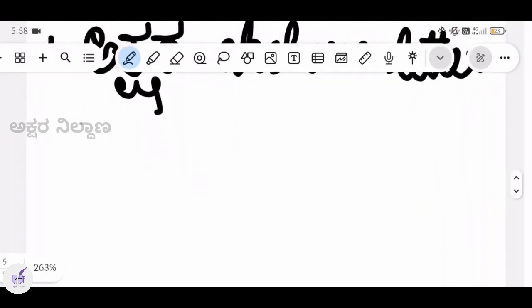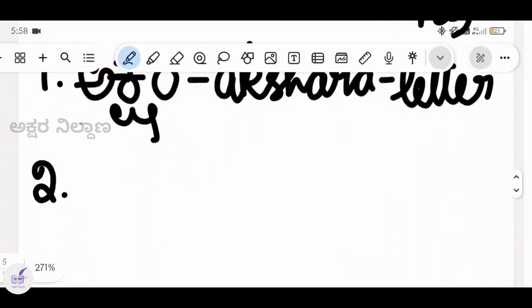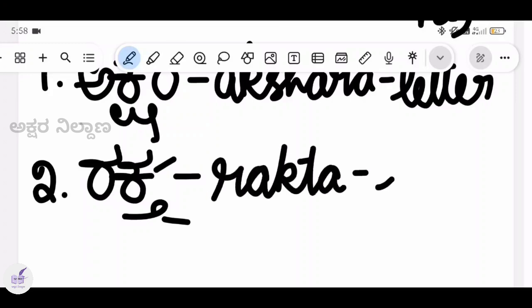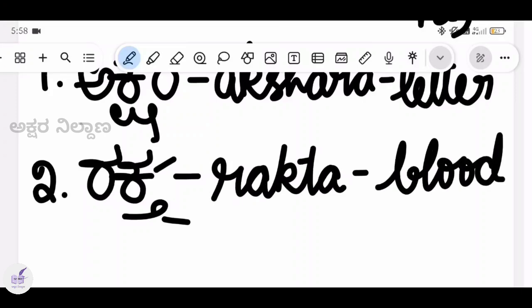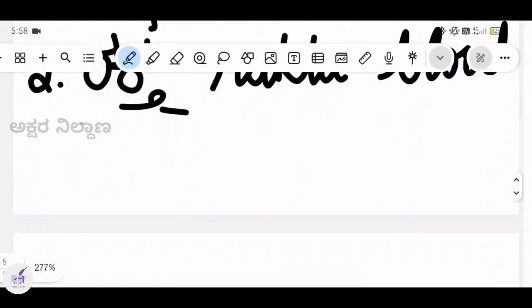Next, Ra, ta. Rakta means Ka is having tavattu, which means blood. We are seeing examples for Vijati Vattaksharas.